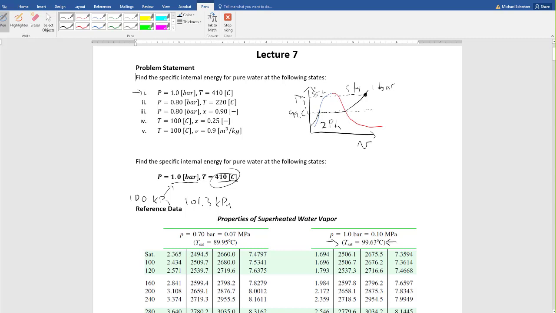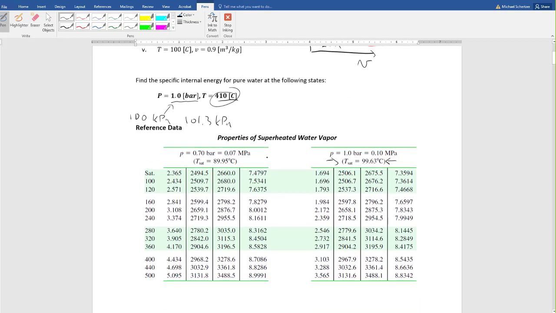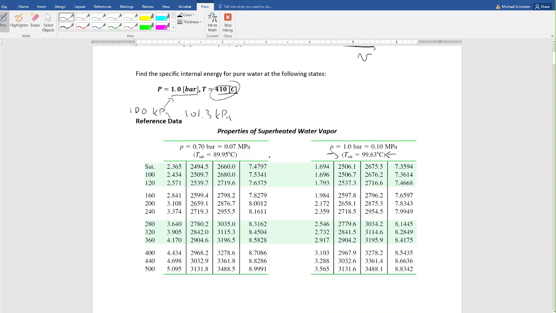So now, if I'm remembering right, I think this is table A3 and this is table A4. What I would do is come down and look in the back of the textbook for properties of superheated water vapor.